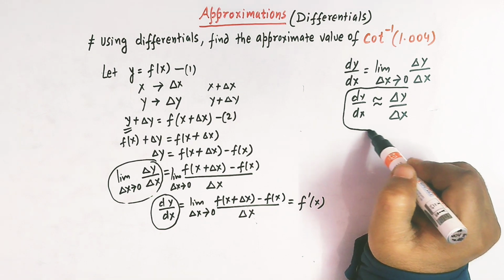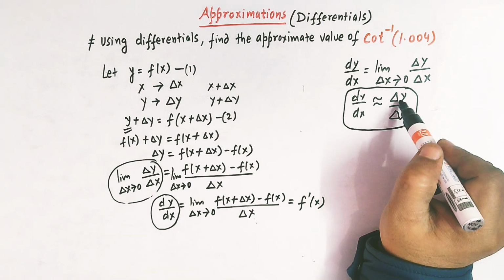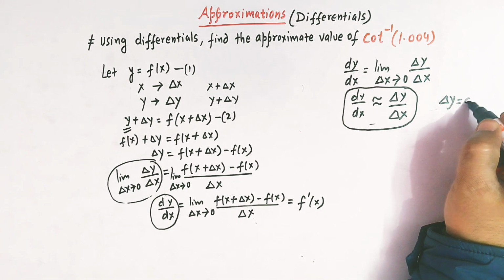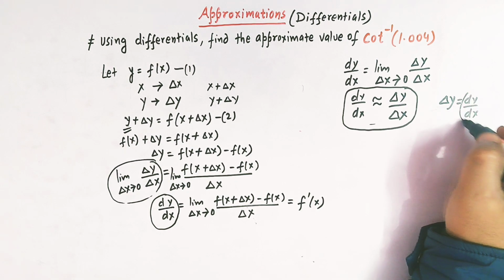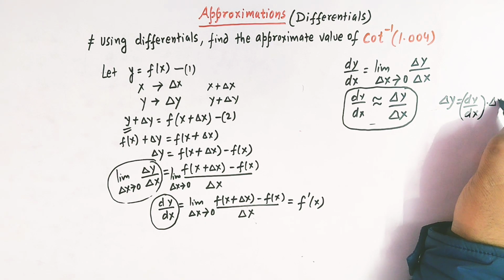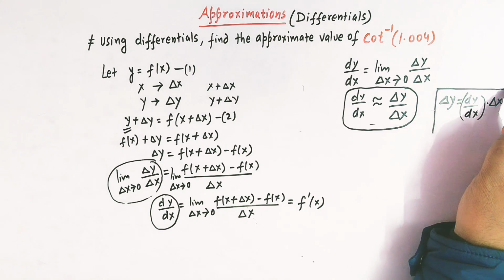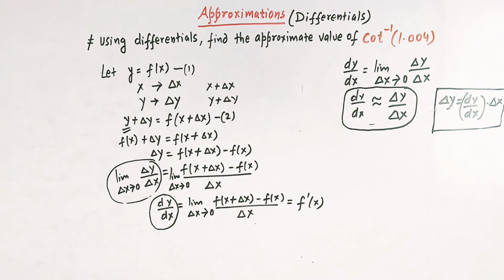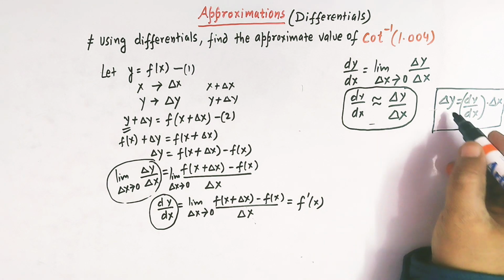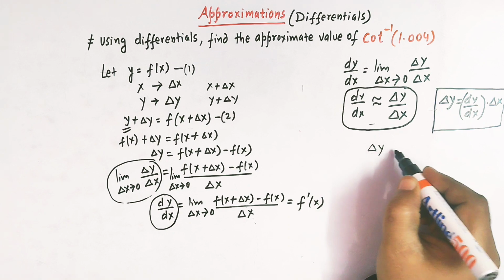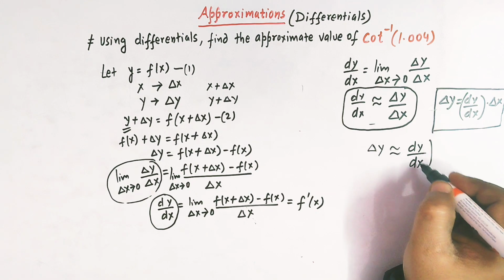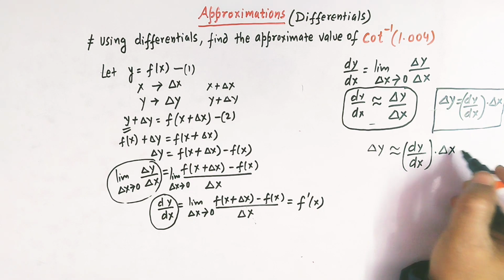So now we have this equation, and we can also rearrange it as delta y is equal to dy over dx times delta x, right? So this is a very important expression in differentials or in approximations. So we can conclude that delta y is approximately equal to dy over dx times delta x, right?